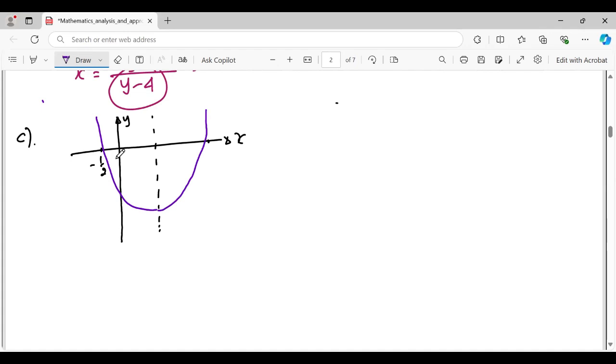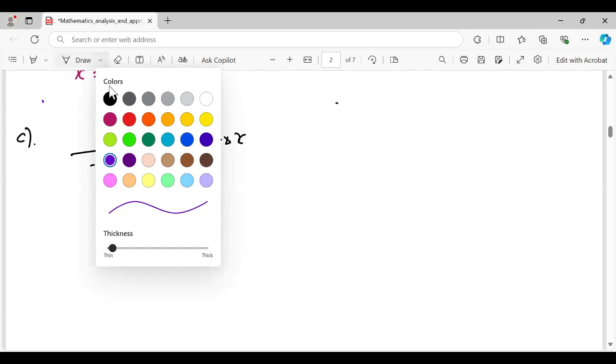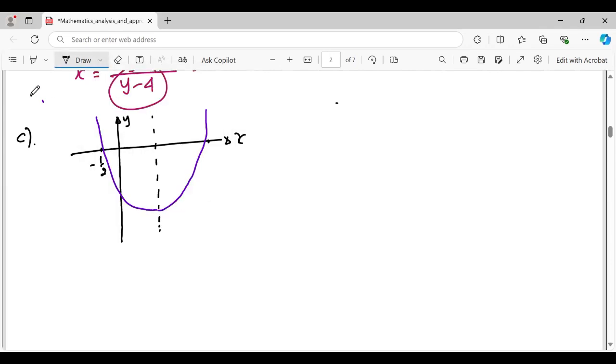Now we're going to find p, because the roots of this function are minus half and p.